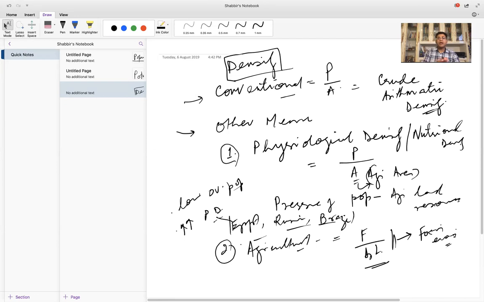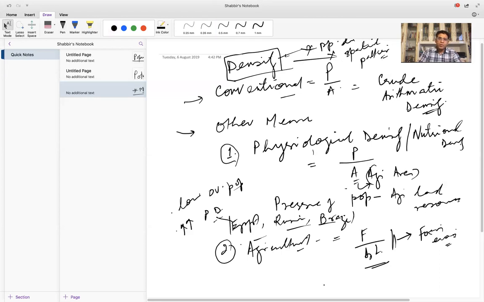So these are the important measures of density. And I repeat, the density measure is not actually a measure of population distribution, not a measure of spatial pattern. So that's one concept.